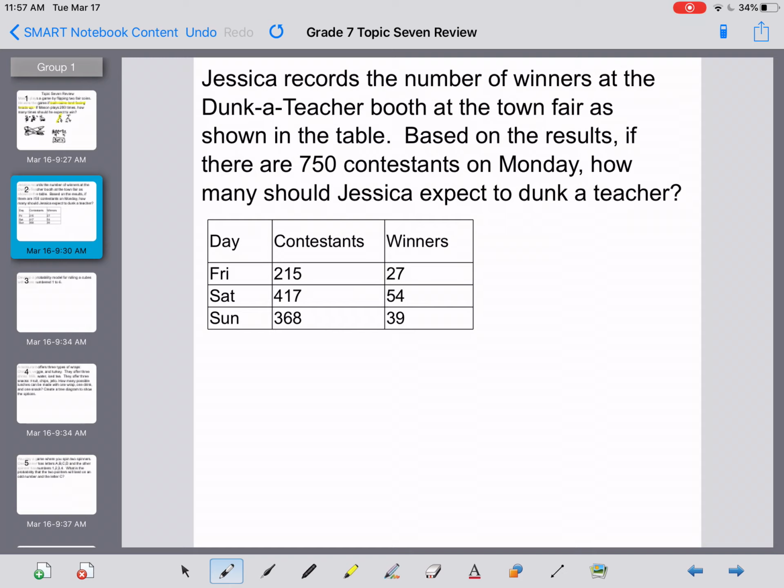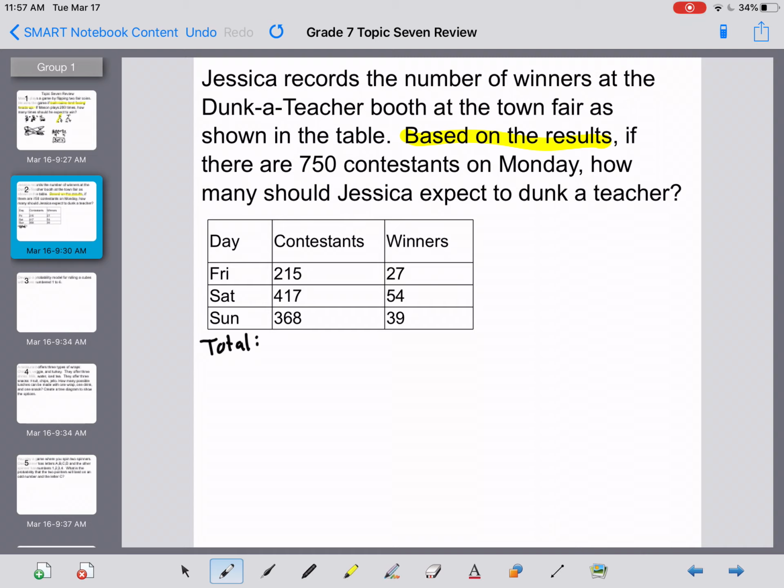Now, this problem says based on the results. So I'm going to find the experimental probability for the whole entire 3 days. So I'm going to find the total number of contestants and the total number of winners.